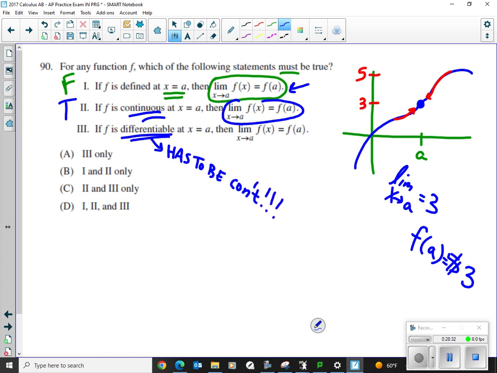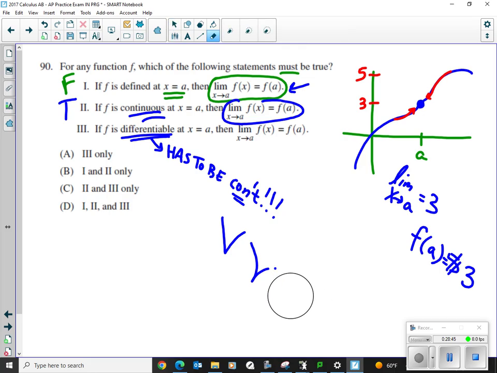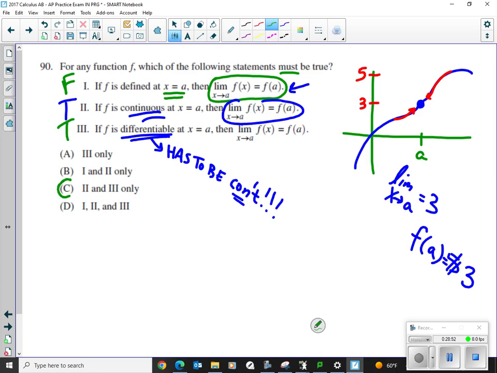The other way, not true. It can be continuous and not differentiable. Corner, cusp, vertical tangent line. All right? But if it's differentiable, it has to be continuous. It's basically the same thing as 2. So that is true. So it's 2 and 3. The answer is C. And we are done.